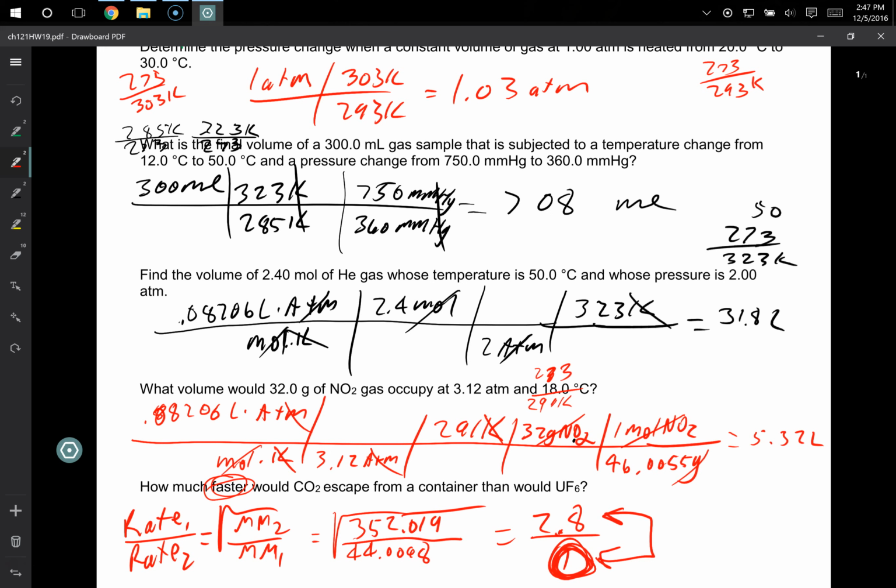So if I know what the rate of the heavier gas is, I just multiply it by whatever this value is. What if I know the value of my CO2? What if my CO2 is moving at 300 miles an hour? Then I divide it by 2.8, and that'll tell you how fast the heavier gas is moving. Yep. That's it.